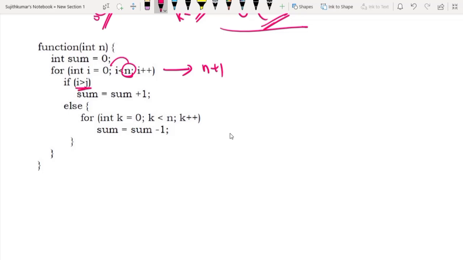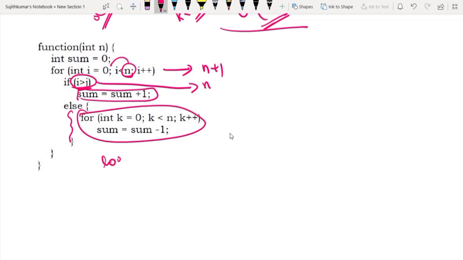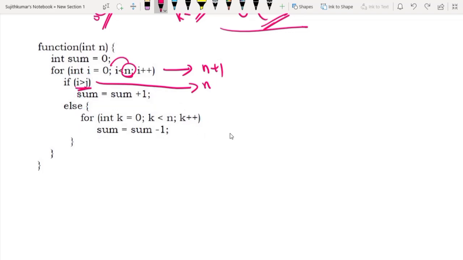It will definitely be checked n times. If it is true, it goes to a single statement. If it is false, my else block will be executed, where I have a for loop. If I consider the worst case, the loop will take more time, so of course I have to assume that this condition is false.